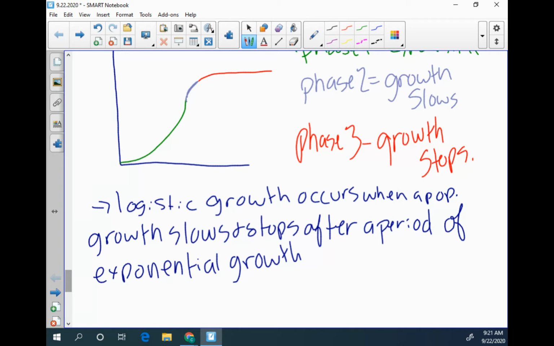This can happen because birth rates decrease, so organisms slow down the rate that they reproduce at. It can happen because death rates increase. It can happen because immigration decreases or emigration increases.